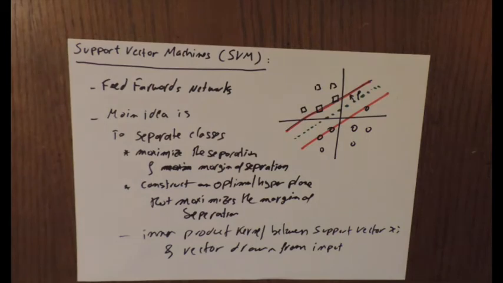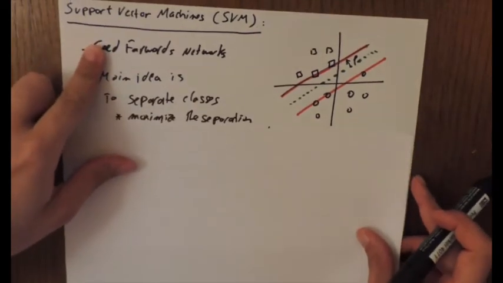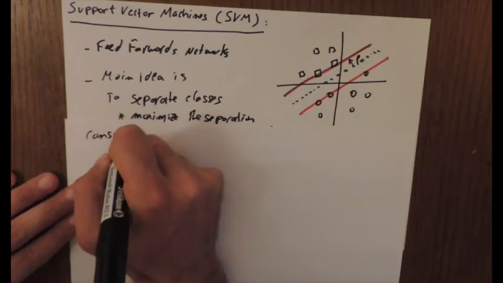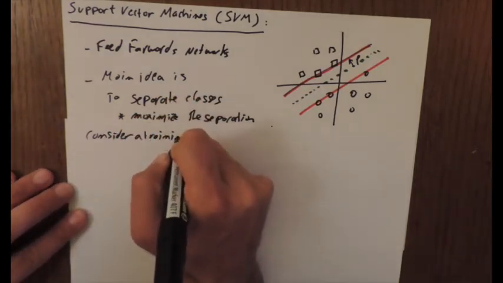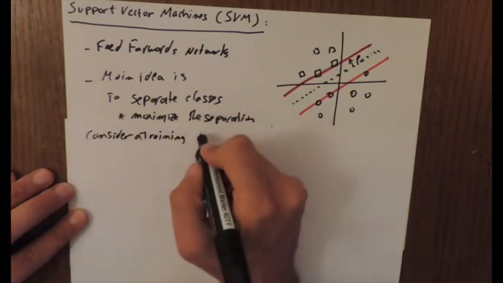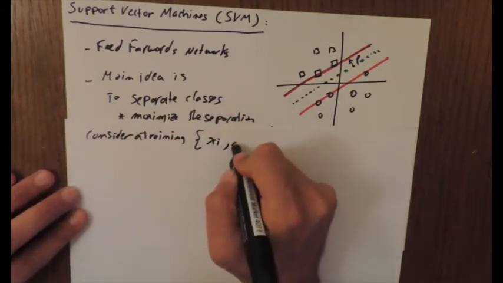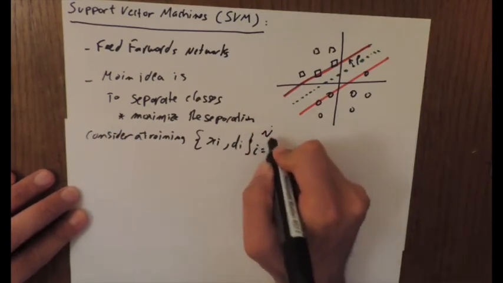If we take a look at this figure, we want to consider a training sample. As with any machine learning algorithm, it's a supervised learning algorithm. So we have input data and the desired output, where i goes from 1 to n.